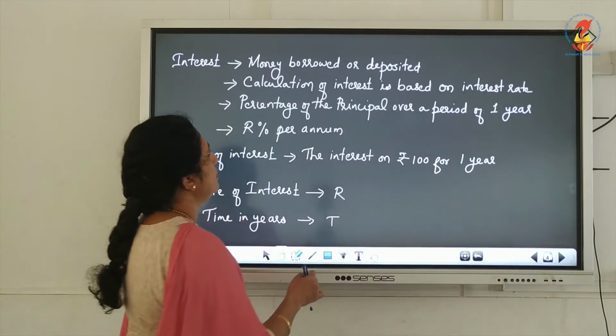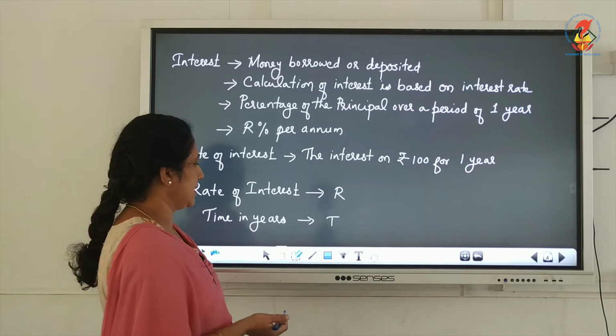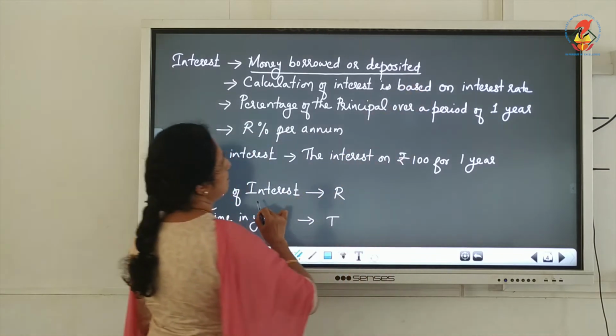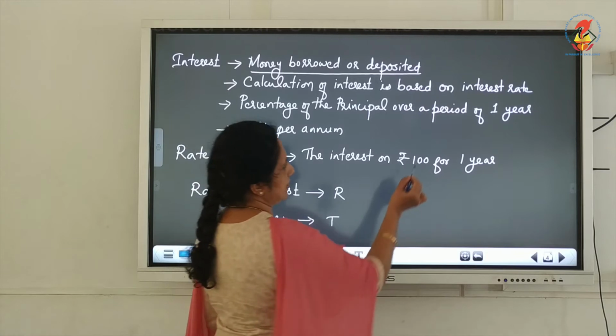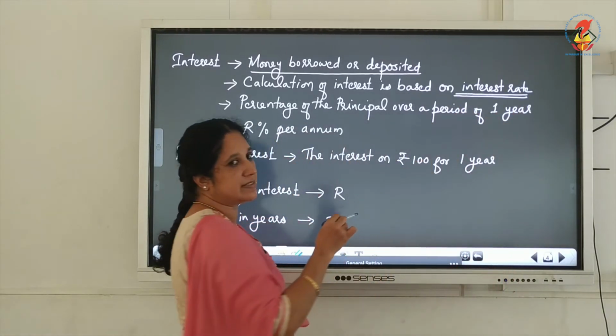Now the interest depends upon the money borrowed or money deposited. The calculation of interest is based on the interest rate. If you know the interest rate, we can calculate the interest.